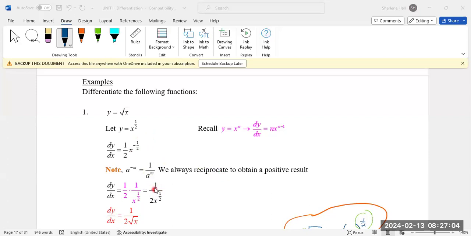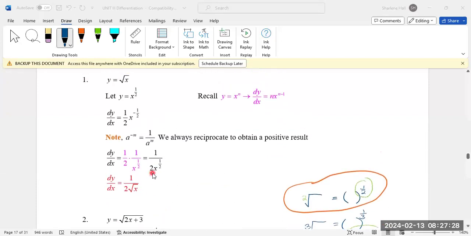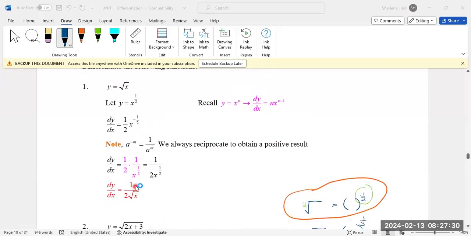So I'm going to put it as 1 over x to the positive a half. And when I multiply 2 by x to the half, I'm going to get 2x to the half. But remember now, x to the half is the same thing as the root of x. So my final answer is going to be 1 over 2 root x.